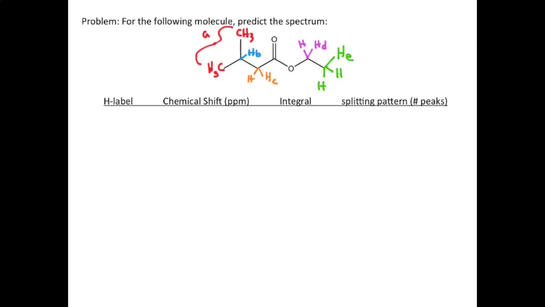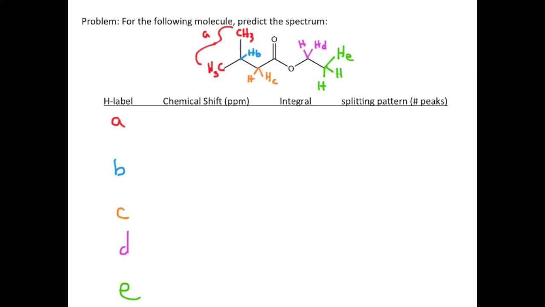So we can sort of put these down here. A is in red, B is blue, C is orange, D is purple, and E is green.